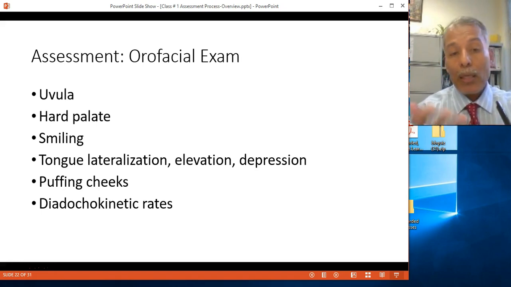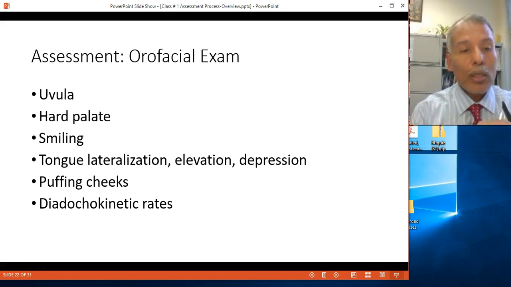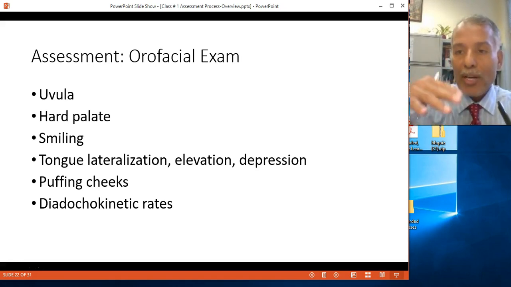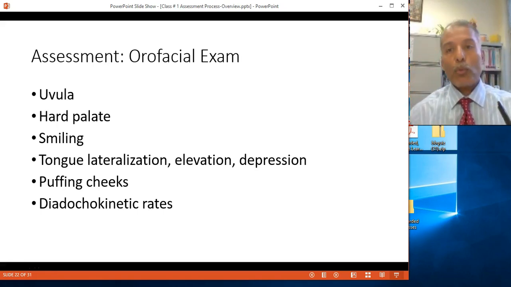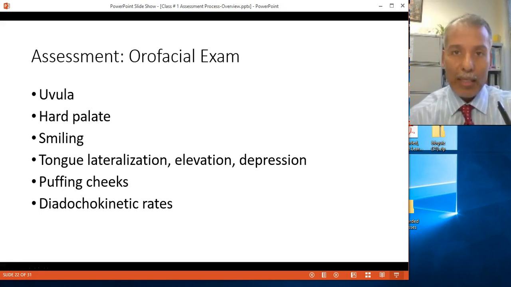You take that to a chart that shows diadochokinetic rates in your textbook. Are the rates fast enough? That requires synchronizing muscular activity and doing it fast. Is the person able to produce fast speech in an effective way where muscles work together in collaboration?